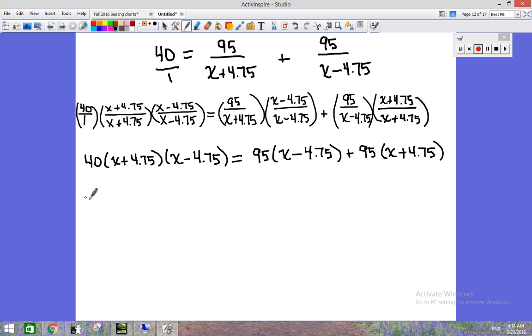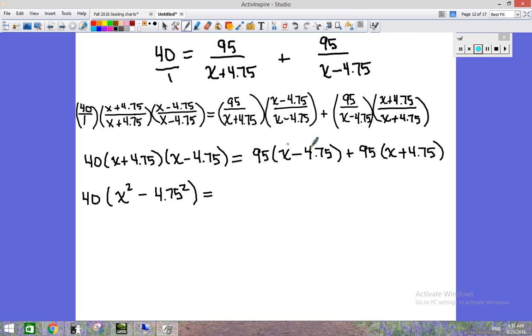Alright, so over here on the left hand side, this is a special product, our a plus b times a minus b, which we know is a squared minus b squared. So these first terms, when I multiply them together, it's x squared. The middle terms cancel each other out, and we have minus whatever this 4.75 squared is.